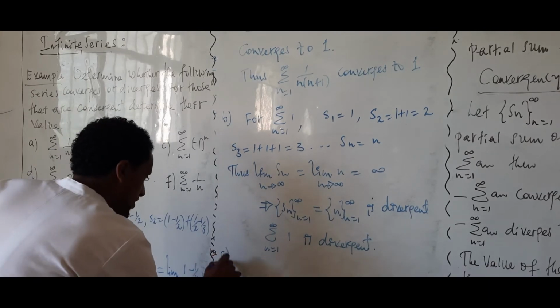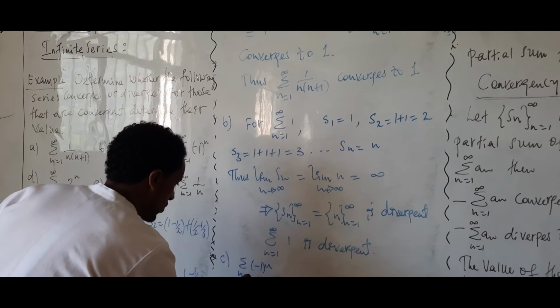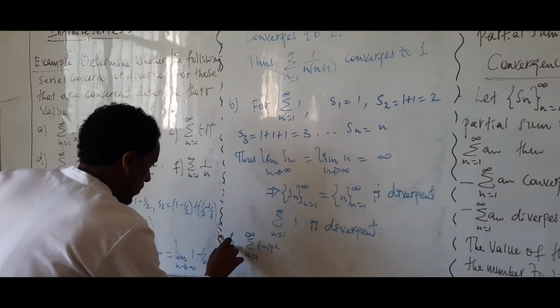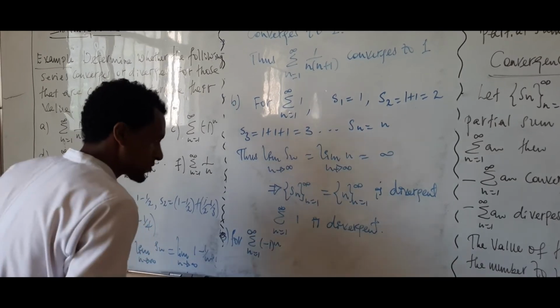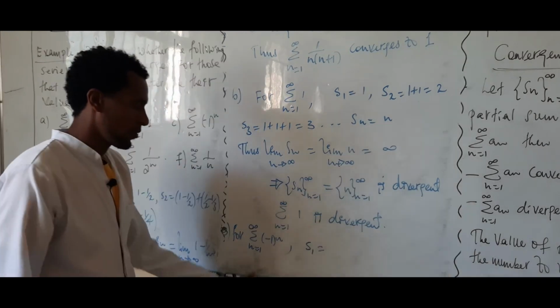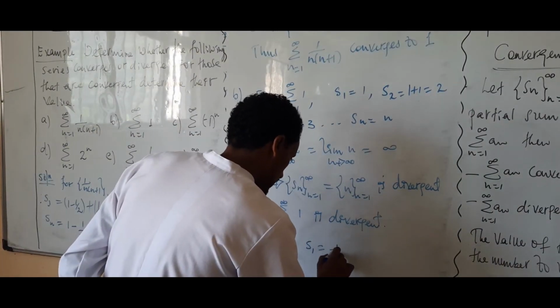For the series, the sum of minus 1 to the power of n when n starts from 1 to infinity, what will be S1? Minus 1 to the power of 1, that is minus 1.